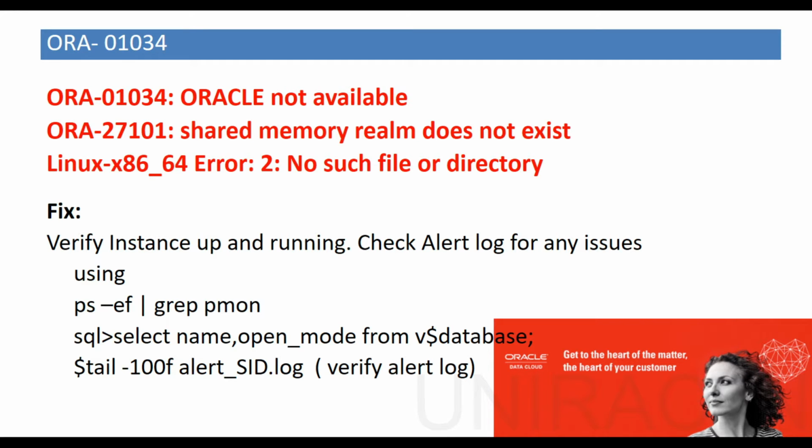In this case, the system is down. There could be many circumstances where the instance is down, and we need to trace those issues. What circumstance made my instance go down?